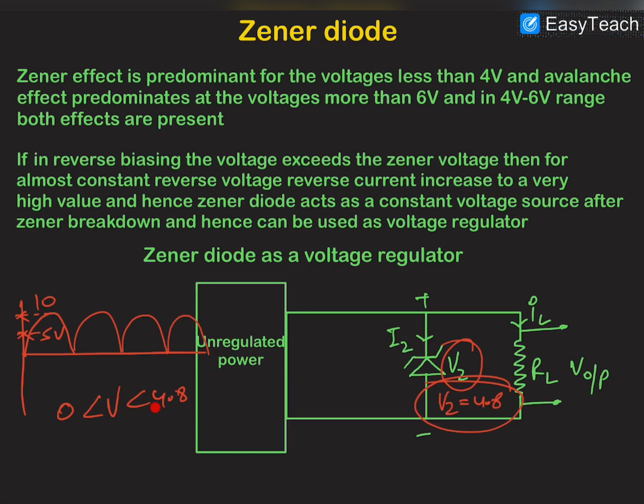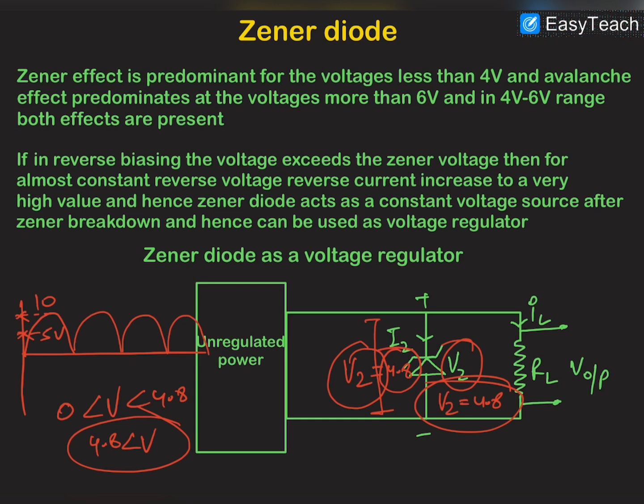But as soon as the voltage goes above this value, when V is greater than 4.8, at this value the Zener diode will break down, and the voltage across this Zener diode will become constant, which is Vz, which is 4.8 in this case.